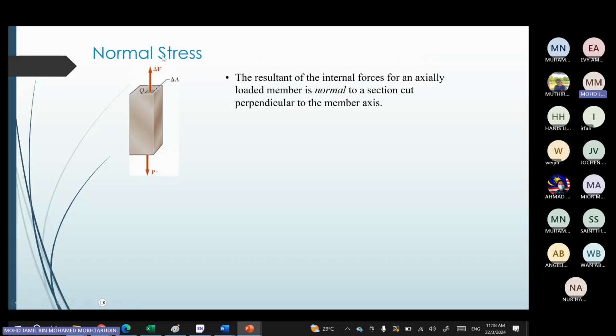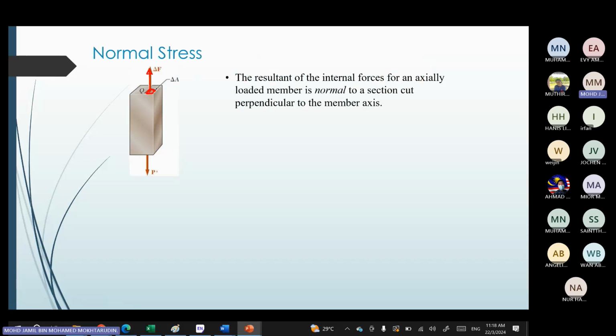So normal stress first. The resultant of the internal forces for an axially loaded member is normal to a section cut perpendicular. So normal meaning that the force is acting normally, in the perpendicular direction from the surface area.